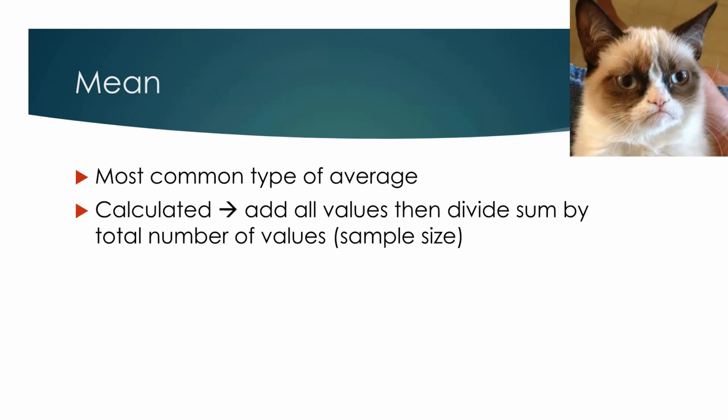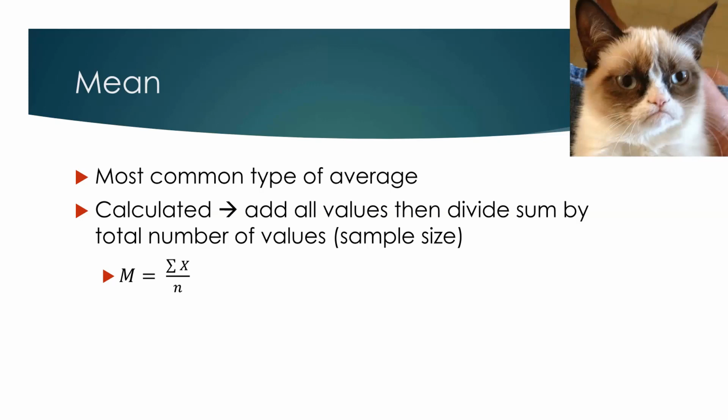The way you calculate a mean is that you add up all the values that you have in your set of data, and then you divide the sum by the total number of values that you have. So here's the equation I want to introduce to you. You have the mean, which is represented with a capital M, equals the sum of x. That funny E-looking symbol is the capital Greek letter sigma, and it means in math to sum.